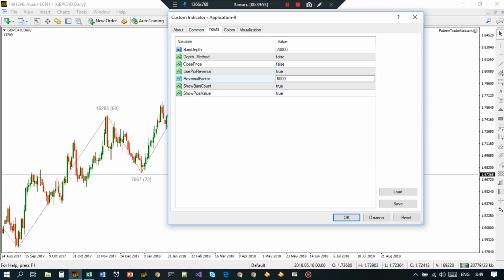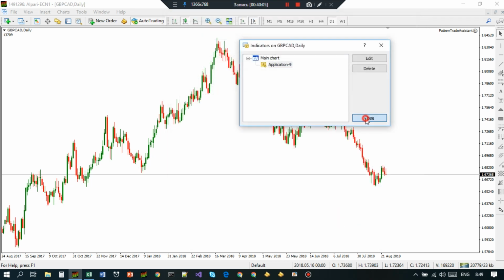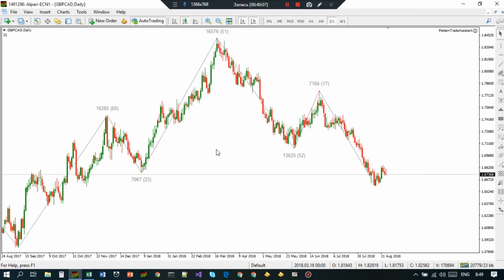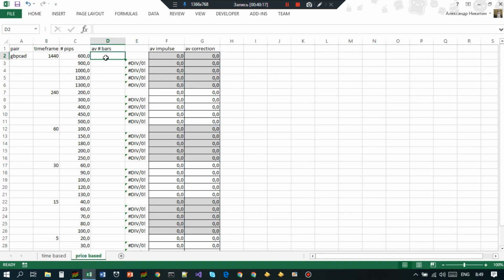We should type it this way: the pips reversal is 600.1.0. Okay, so what we have is 21 bars on average. It is 21 bars.